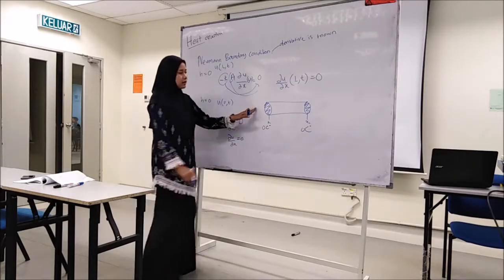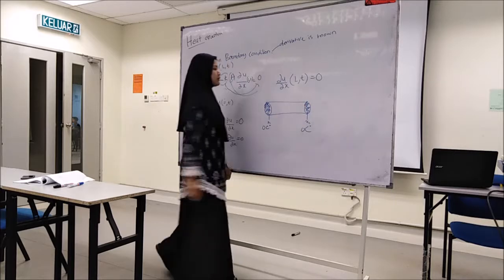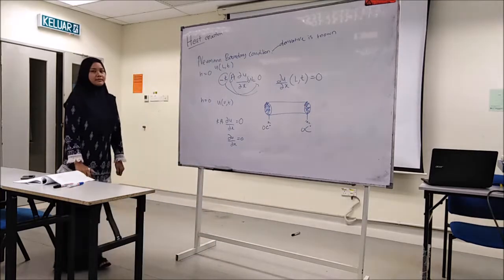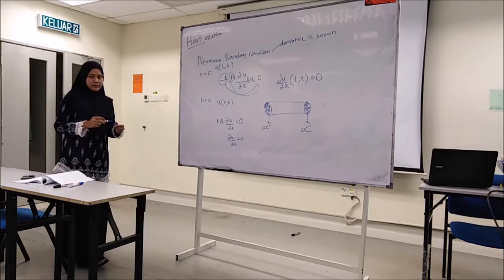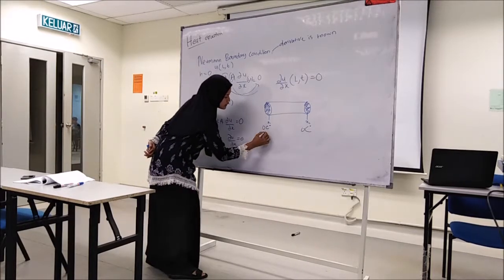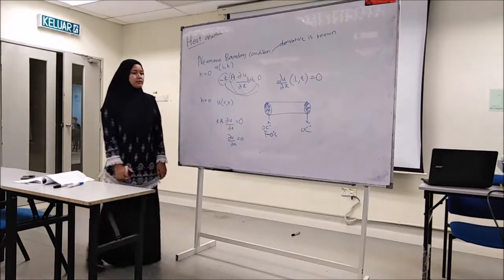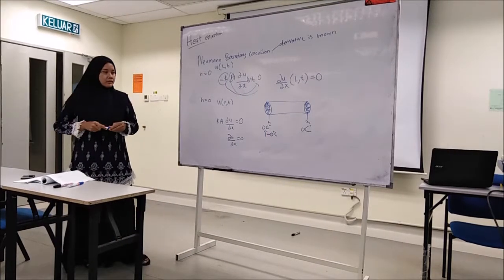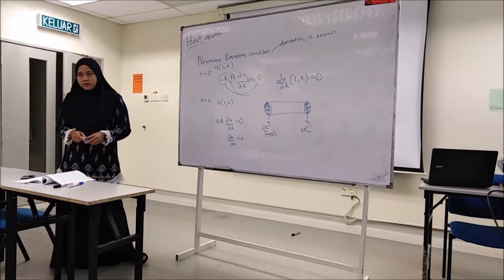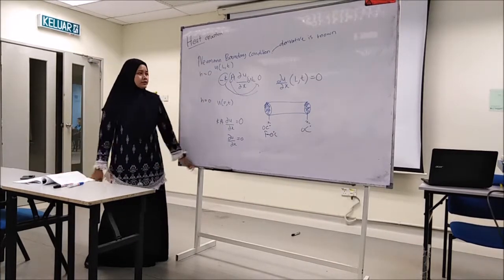So that means there are no heat loss or output energy at this end. No energies, but the heat loss, the temperature is equal to 0. Does it necessary to be 0? Yes. For this boundary, Newman boundary, it should be 0.